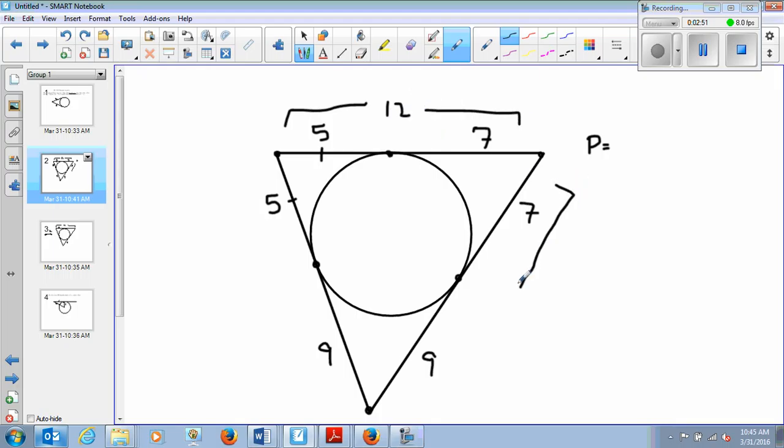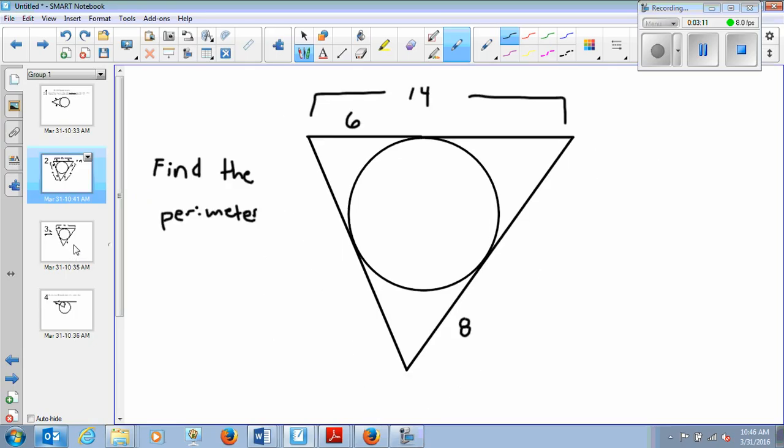This side has a length of 16. And this side has a length of 14. So we take those side lengths and add them together. 14 plus 16 is 30, plus 12 is 42. So the perimeter of this triangle would be 42 units. We use the tangent lines to help us find that.